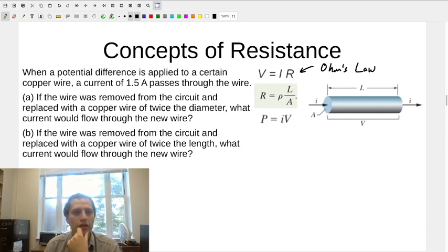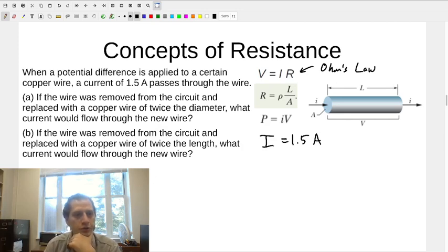Okay, so when a potential difference is applied to a certain copper wire, so now we're talking about a specific copper wire, not copper in general, a current of 1.5 amps passes through the wire. Amps are coulombs per second, I is current.